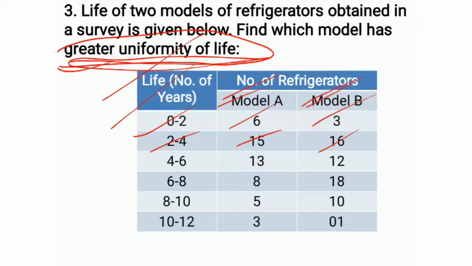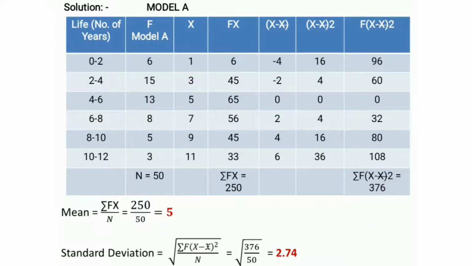In the first solution table, the first column, life, is the same as in the question. The frequency is the number of refrigerators for model A. Only model A we are solving here.